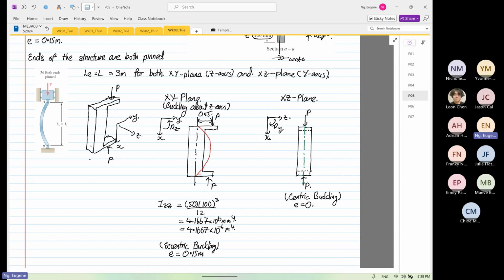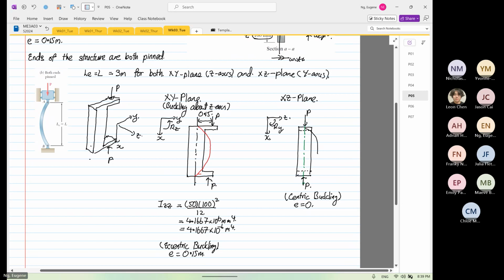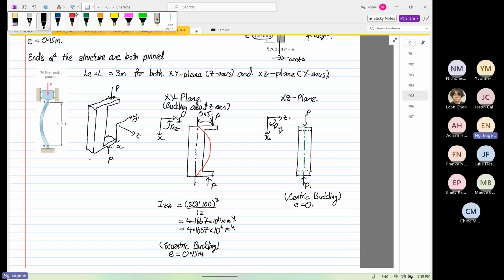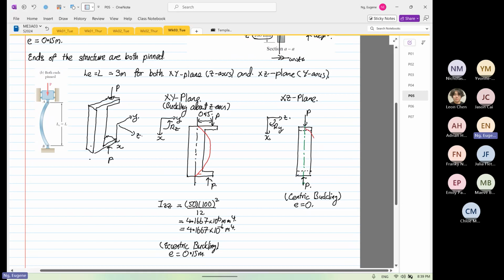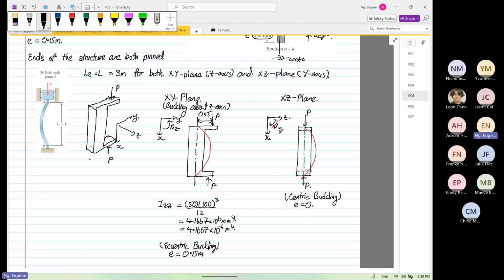Because E is equal to what? E is equal to 0. And if we were to buckle, the buckle will be in this direction. The buckling will be in this direction. And this direction corresponds to Ry, rotation about Y.